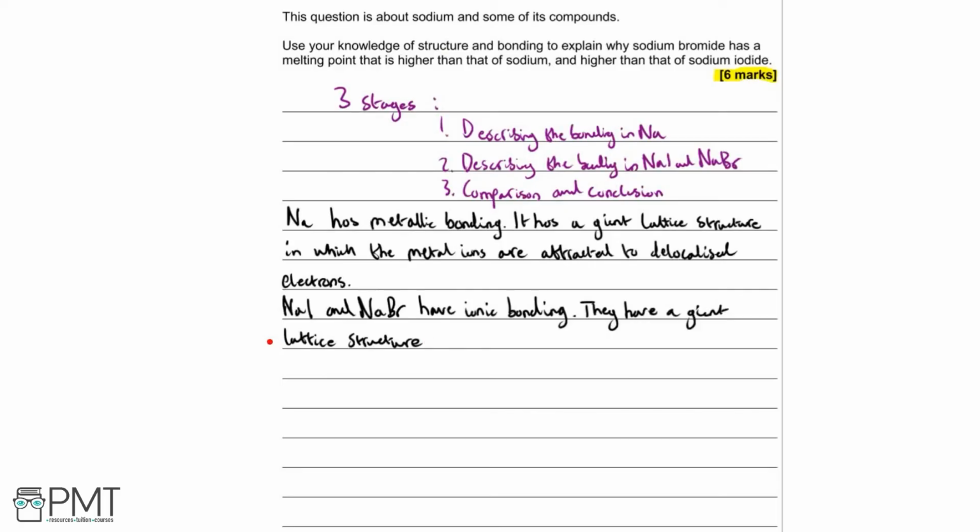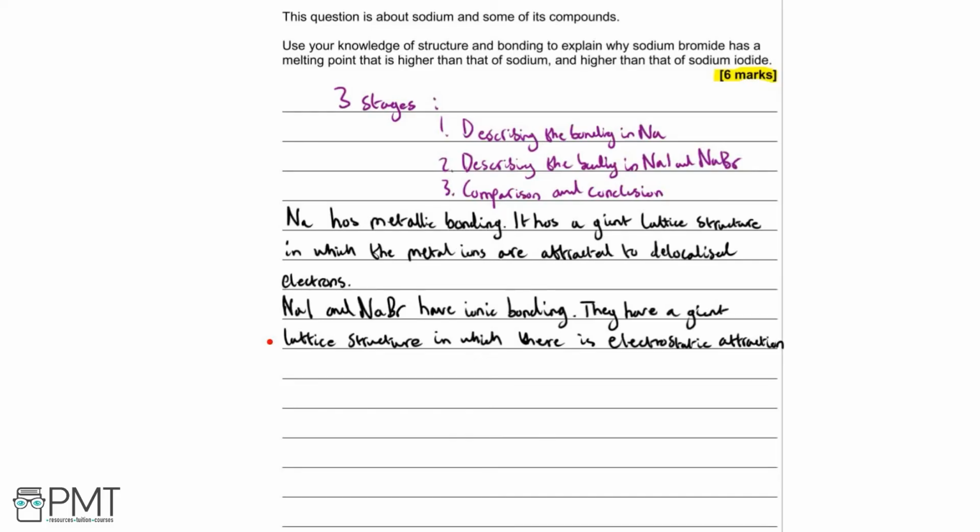Now that we've stated the type of structure, we're going to explain and define the type of bonding, as to what ionic bonding is and how the atoms making up these molecules are actually held together. So they have a giant ionic structure in which there is electrostatic attraction. That's a key term to be using when it comes to ionic bonding, electrostatic attraction.